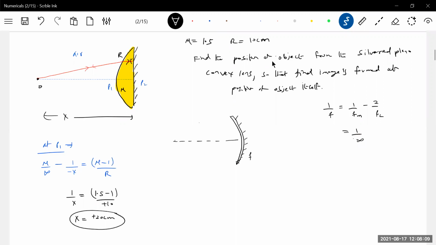Okay, sorry, this will be infinity. Plano convex lens, R by why this infinity? Because there's a plano convex lens plus plane mirror. What is the focal length of plane mirror? Should be infinity. So this should become equal to minus of 2, R is 10.